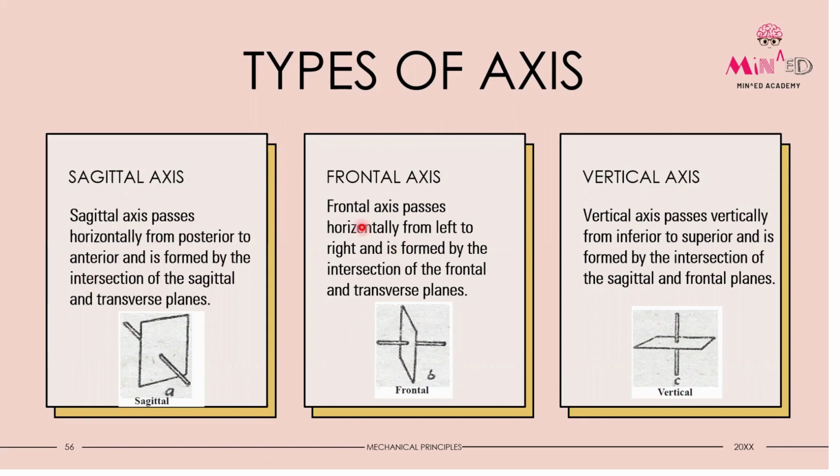The frontal axis passes horizontally from left to right and is formed by the intersection of the frontal plane and transverse plane. The vertical axis passes vertically from inferior to superior and is formed by the intersection of the sagittal and frontal planes. So the sagittal axis passes posterior to anterior, frontal axis left to right, and vertical axis inferior to superior.